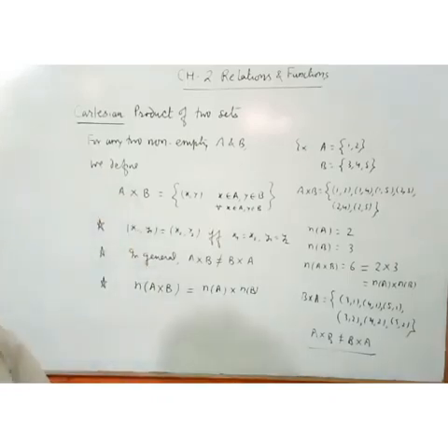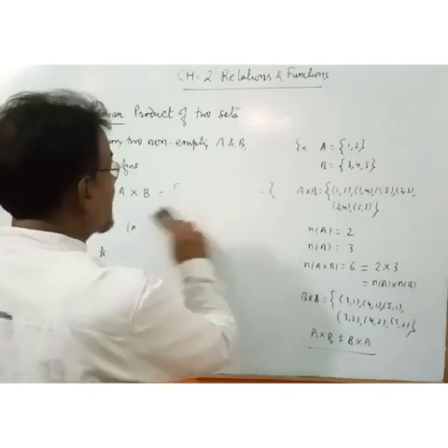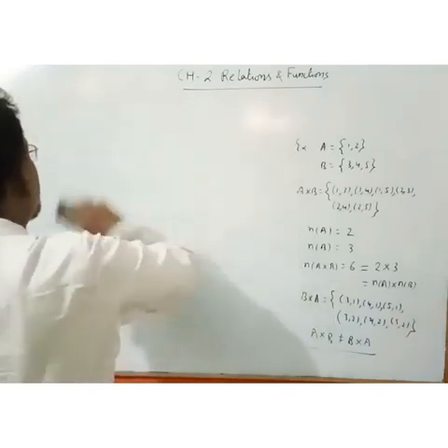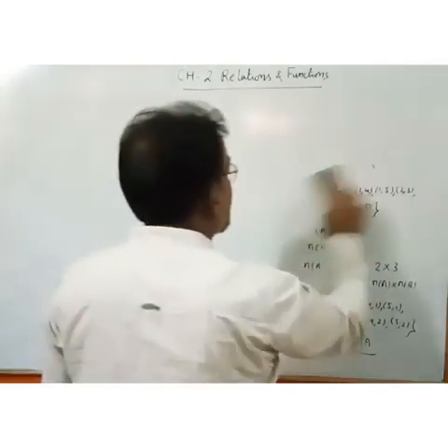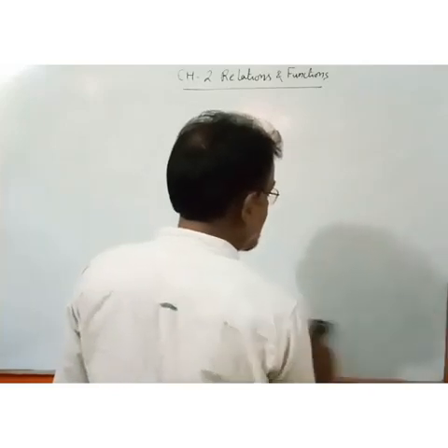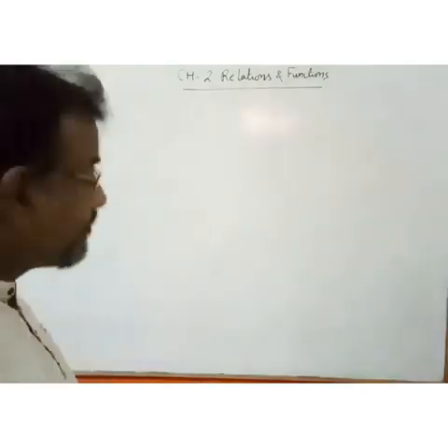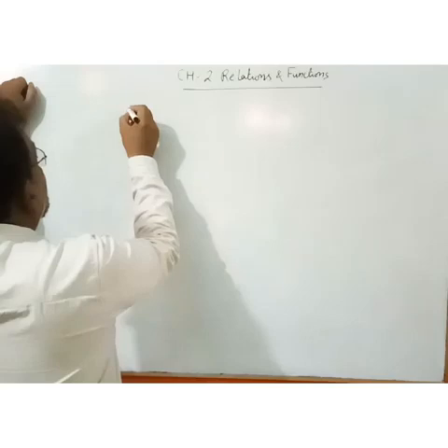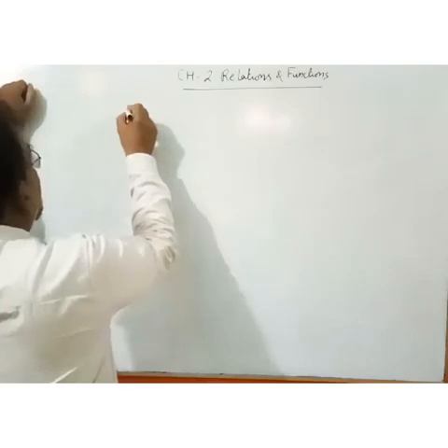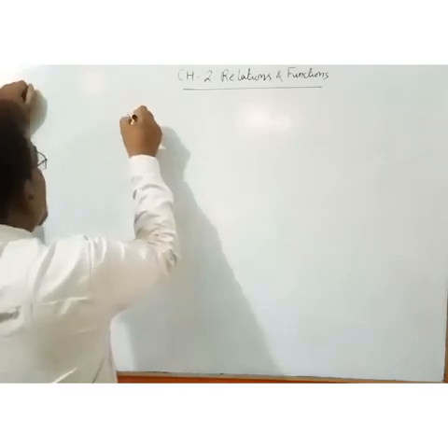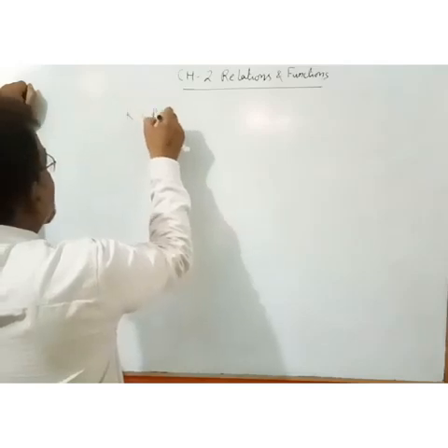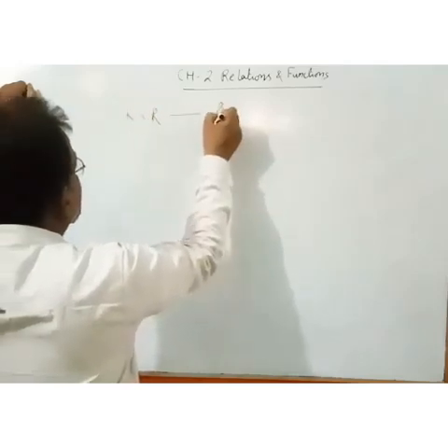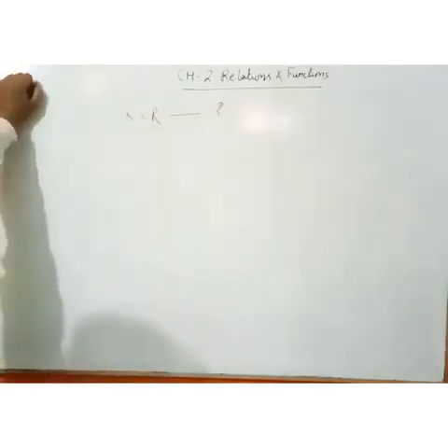I hope this is clear. So these are the basics of Cartesian product. Try to understand them. Now let us see what does R cross R represent.